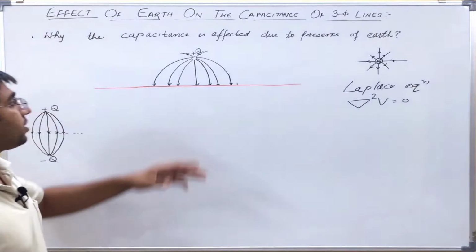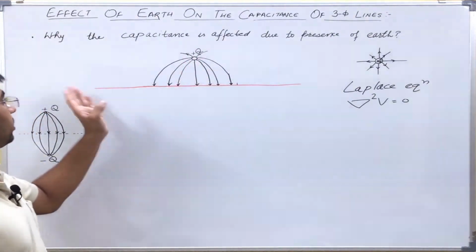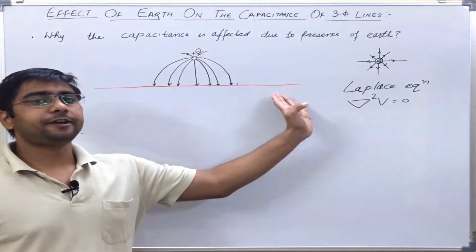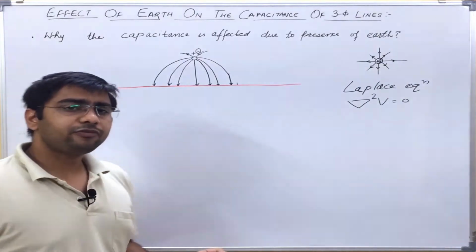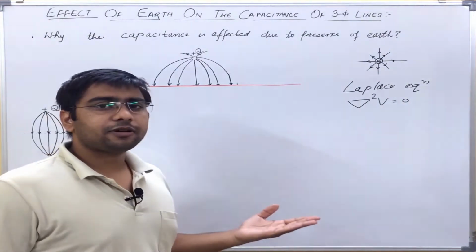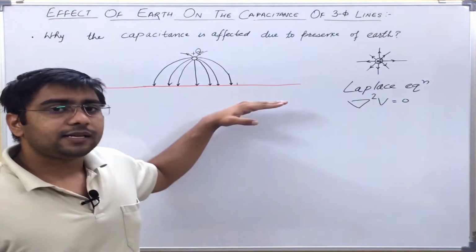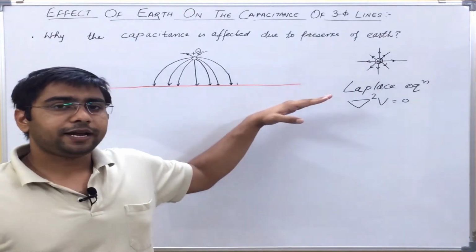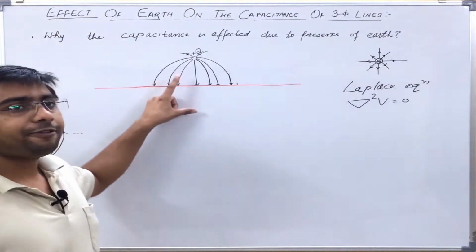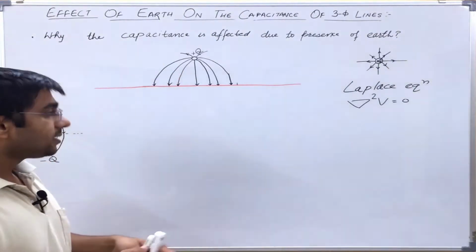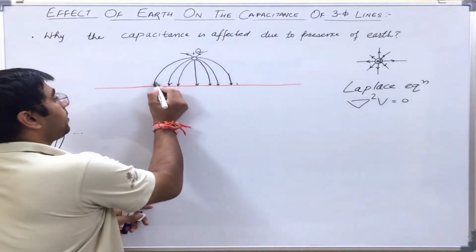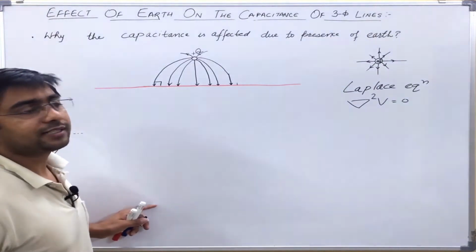Here I have shown a charge plus Q in presence of an infinite conducting plane. Now we will study in our EMFT theory that a conducting plane is an equipotential plane, and the electric field lines are always perpendicular to that surface.